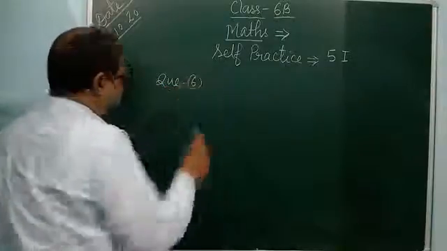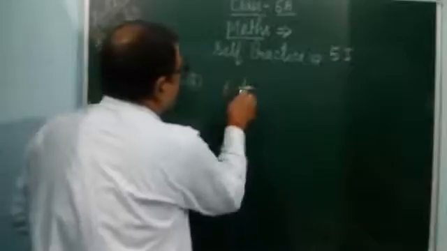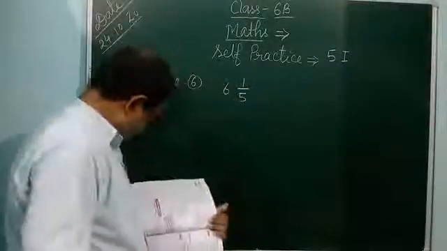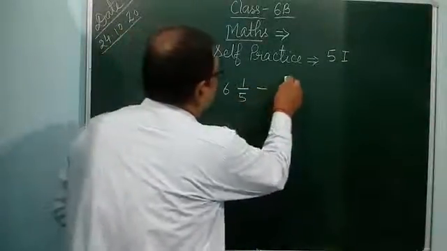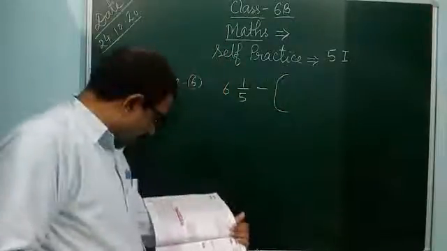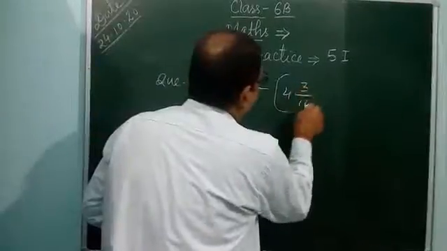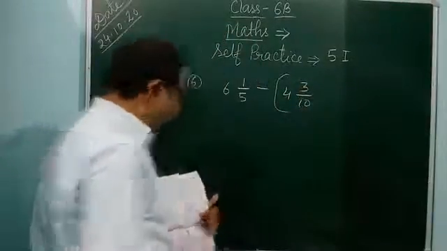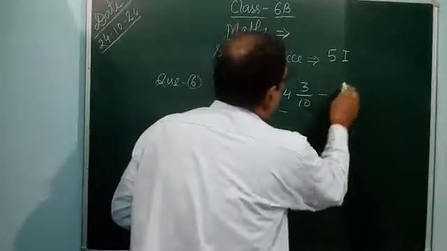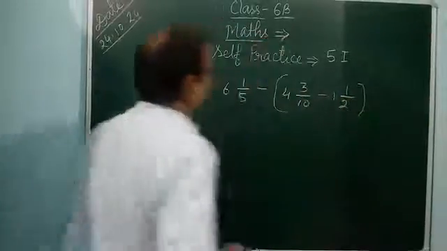Question number 6, you see 6 and 1 by 5 minus, in bracket is given 4 and 3 by 10 minus 1 and 1 by 2, bracket close.